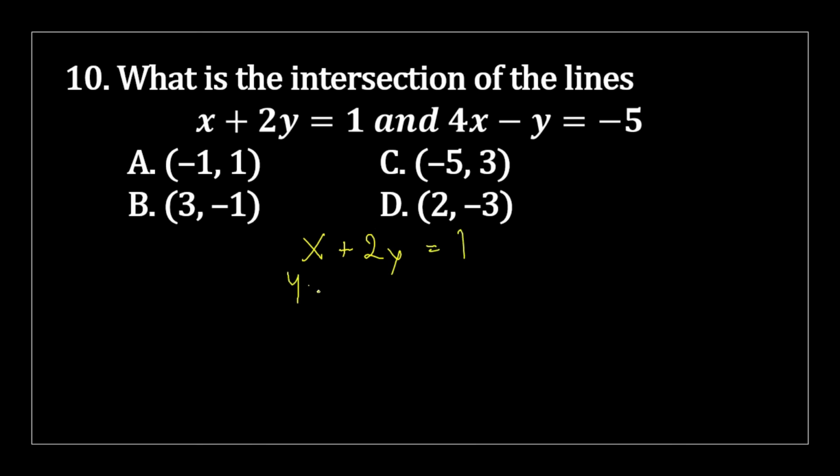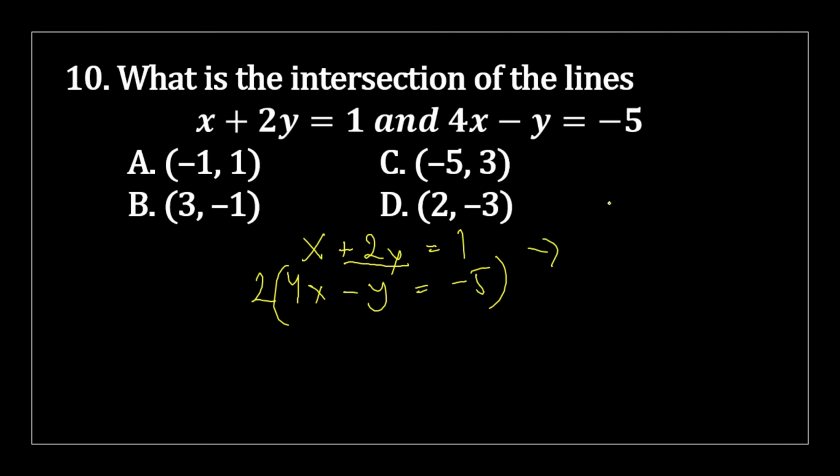We have 4x minus y equals negative 5. In order for us to do this, we need to add the equations so that we could eliminate something. I would like to get the value of x, so that I could eliminate the values of y. Now this is 2y, so I will make this negative 2y so that when we add them, this is eliminated. So what I'll do is multiply it by 2.